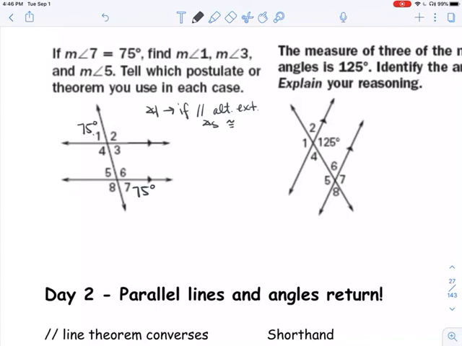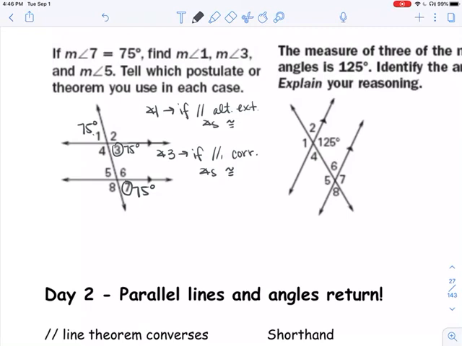If I want to look at angle 3, if I compare 7 and 3, those are what we call corresponding angles. So angle 3, our reasoning would be if parallel, corresponding angles are congruent, and angle 3 would also have a value of 75 degrees.